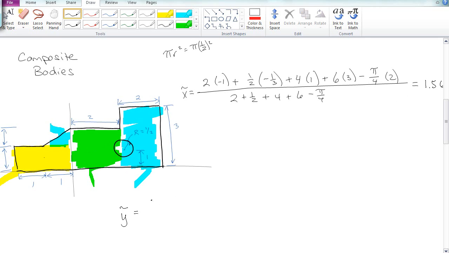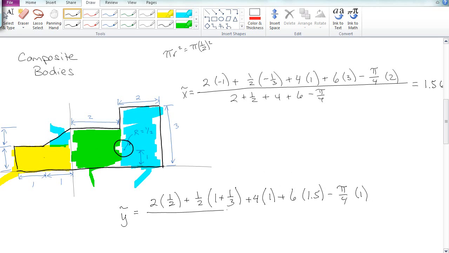Our y is pretty much the same thing, area times the y center. The center for the y is, of course, at 1/2. Then for the triangle, it's at 1, and then 1/3 more, because it's still a triangle, so 1 and 1/3. Then we have an area of 4, and its height is at 1, because it's 1 off the bottom. Then the area of 6 again, and its height is at 1.5. Then again, we subtract off the pi over 4, and its y center is located at 1.